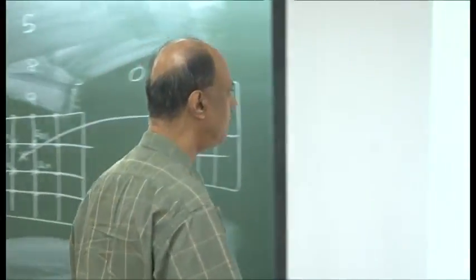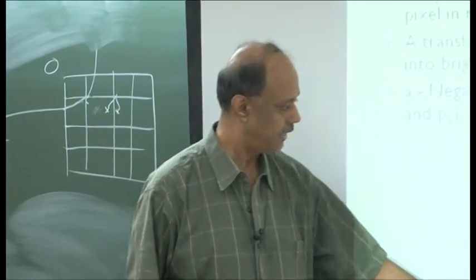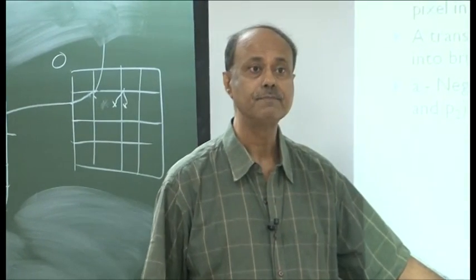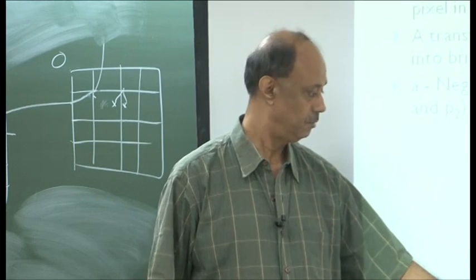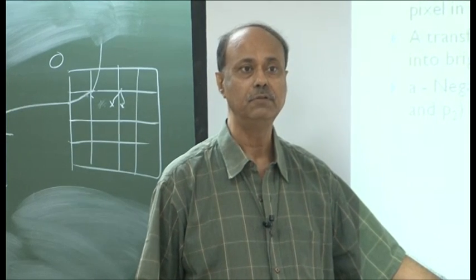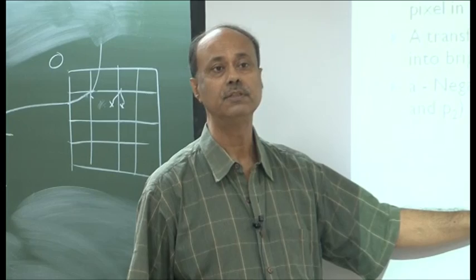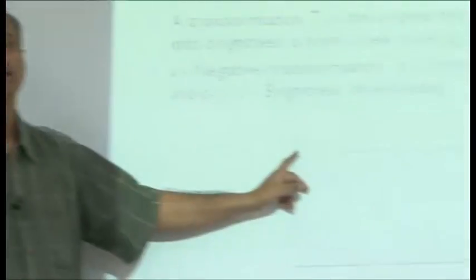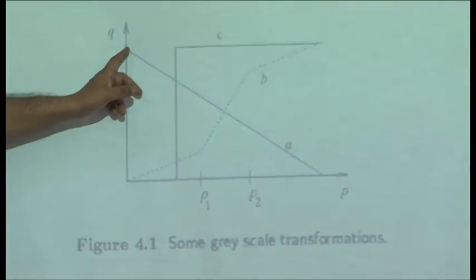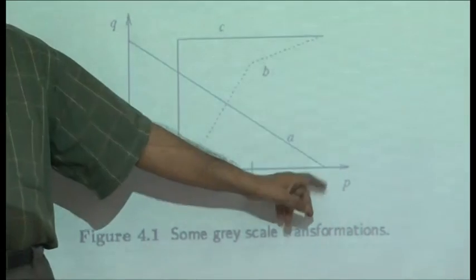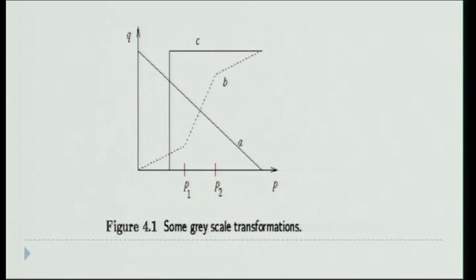So, if I draw this graph, that all the 0 intensity value, I want to put the highest intensity value, all high intensity value, I want to put the low intensity value.